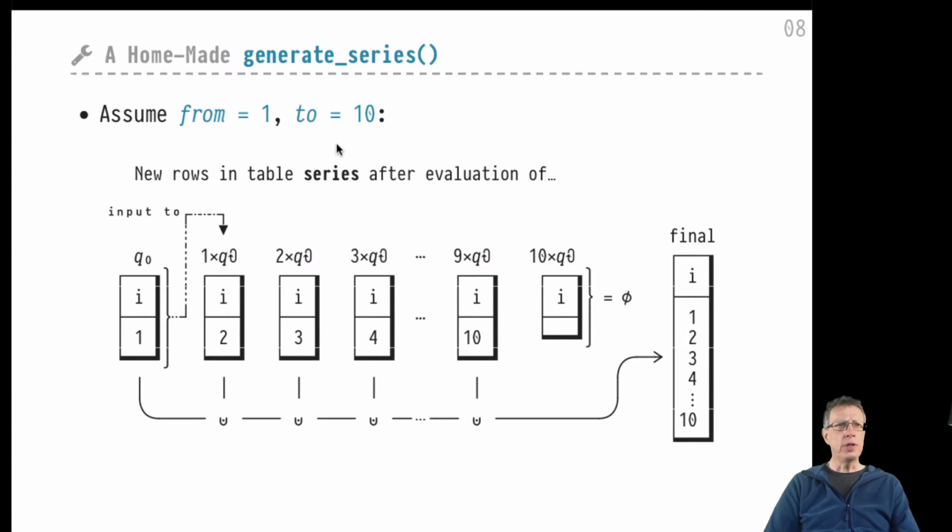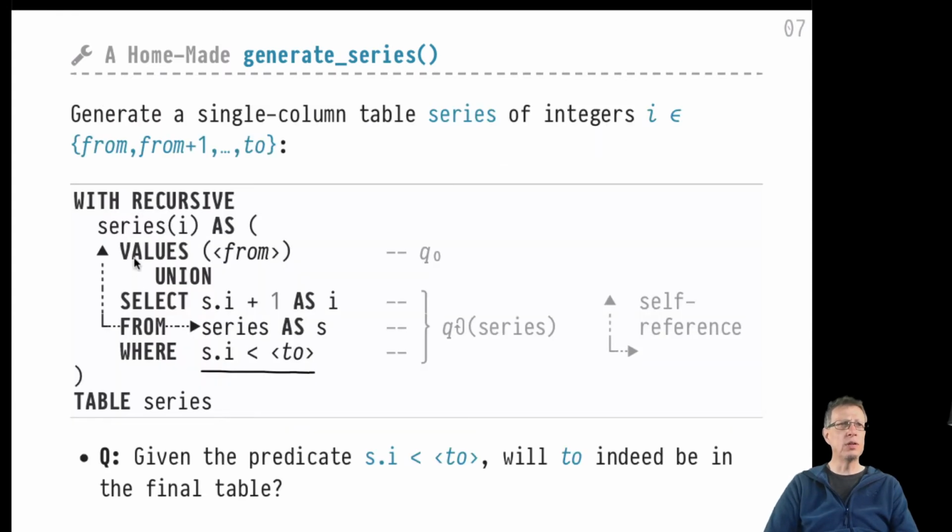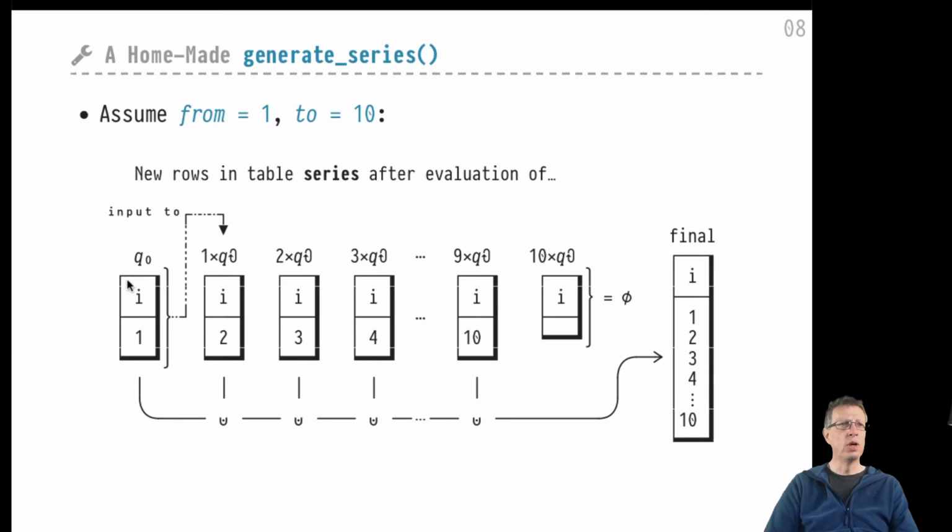Let's trace the contents of table series after we have evaluated Q0. After we have evaluated Q0, there's a single row in the series table. We have put it there using this literal table expression, and from equals 1 in our example. So indeed, Q0 yields a single column, single row table that just contains the 1 here.